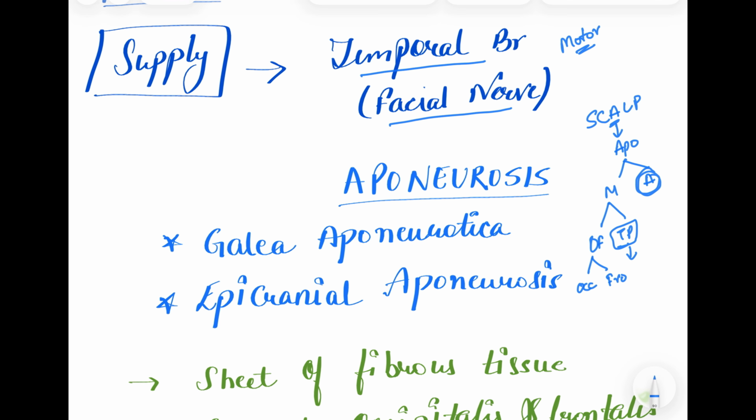So aponeurosis, I have said, it has got two names. One is the Galea Aponeurotica and the other one is epicranial aponeurosis. So these are the two names we can call it. Never forget these names, as we can interchange these names with each other.